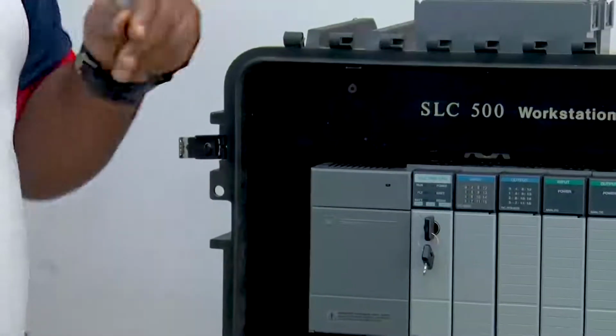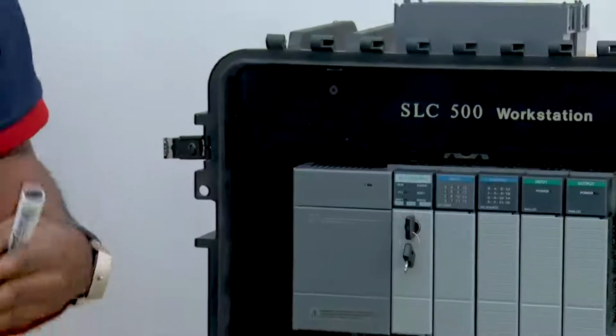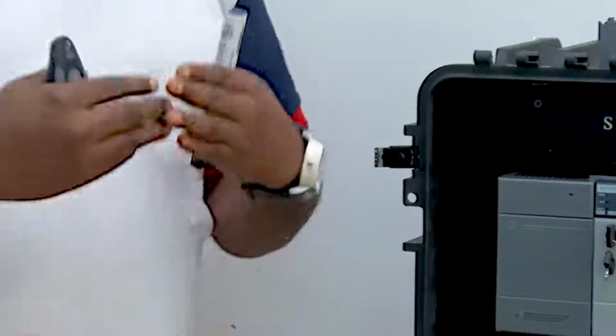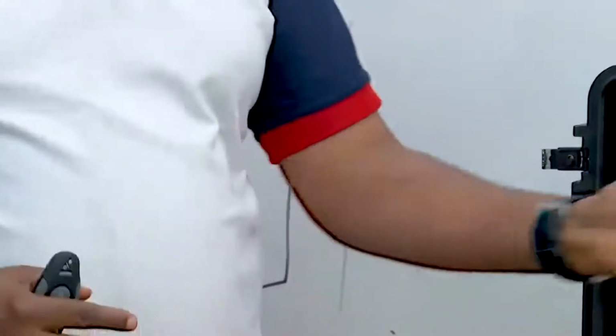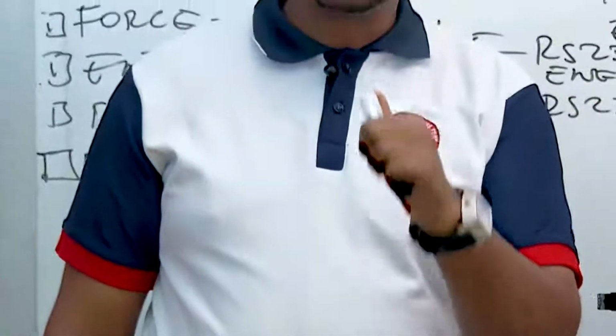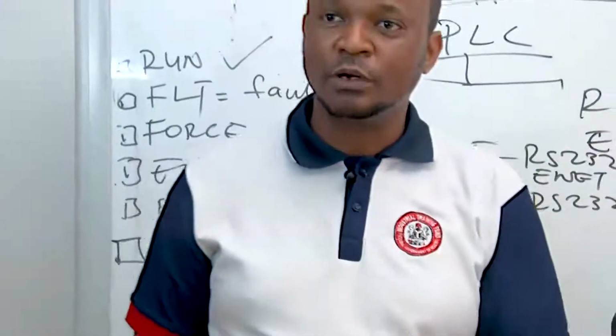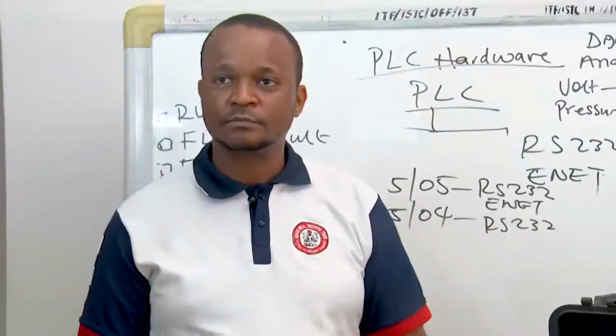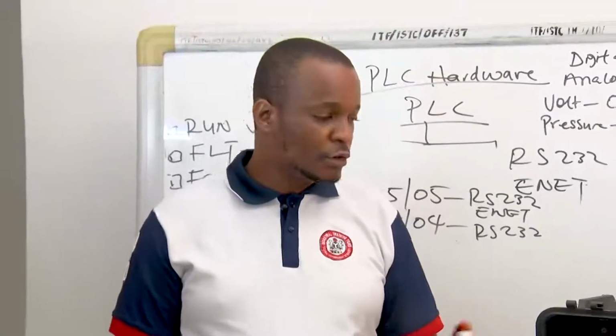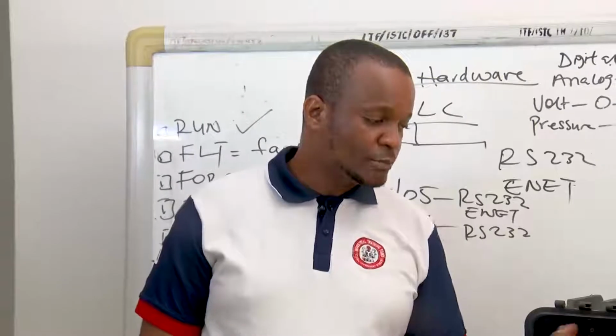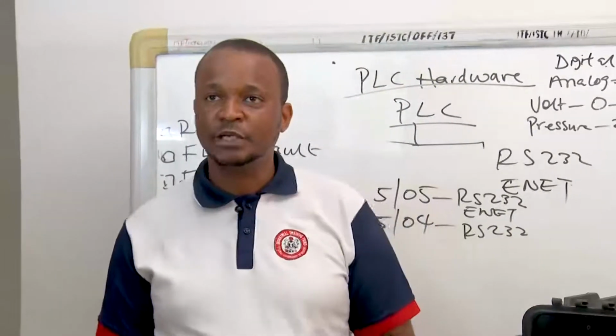So anytime you have more IOs in the factory where you work, you need to expand the PLC, but then the PLC has to be modular, and it has to be expandable. Okay, so it's easier to upgrade these kinds of PLC.